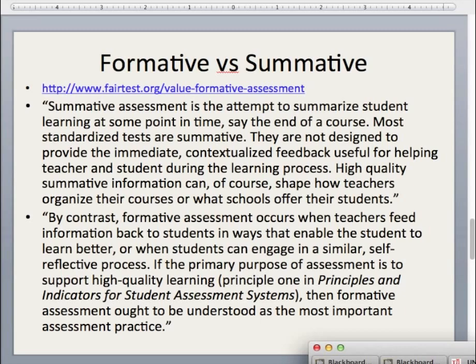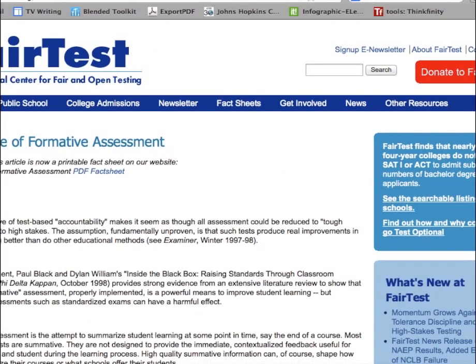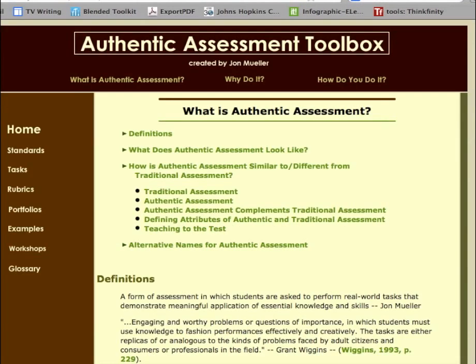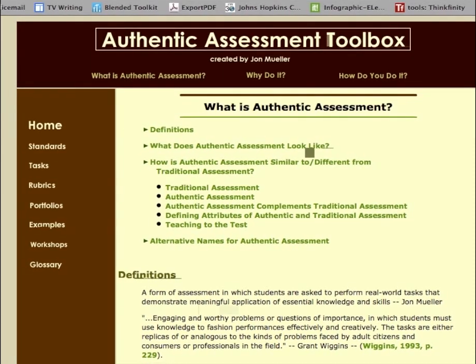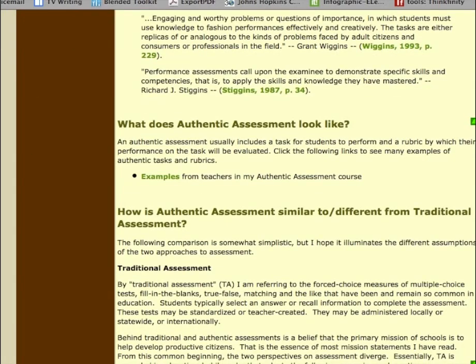All right, moving on. After formative and summative, we will look at authentic. And again, we'll go back to my friend John. Love this guy. So for the authentic assessment toolbox, again, great links. Please take your time to go through what all is offered here.